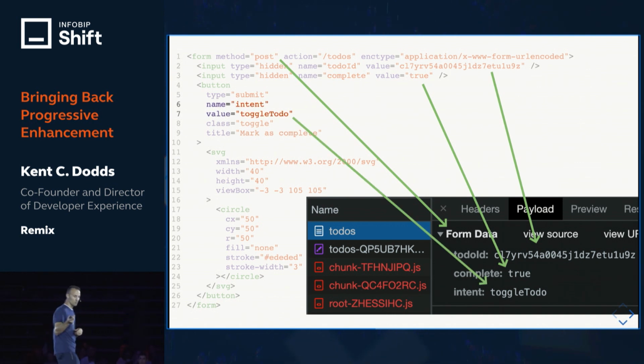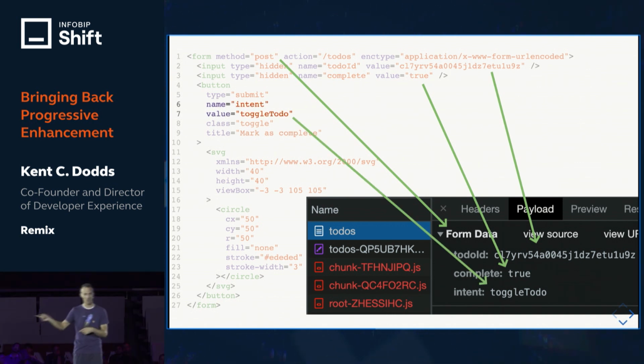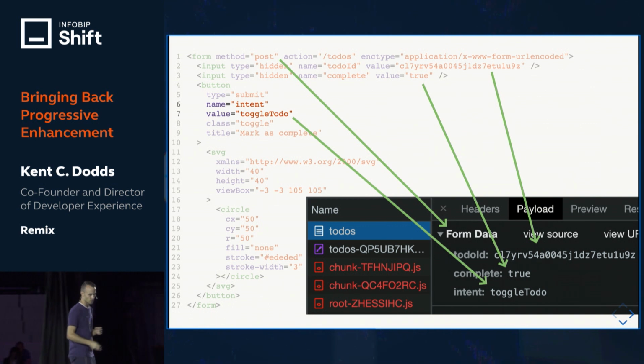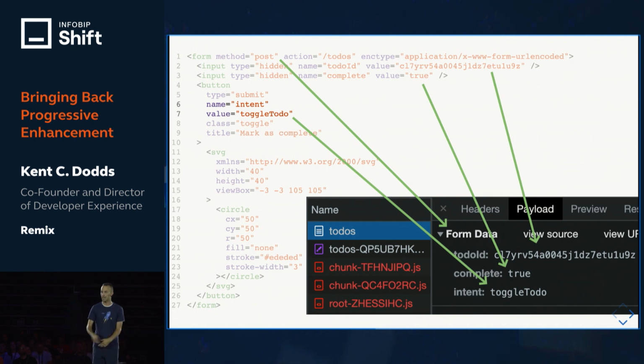And then finally, fun fact, on the submit button, you can give that a name and a value. And you could have multiple submit buttons for a single form. And whichever button the user clicks on, that's what is going to be sent along with the serialized form. That's all browser behavior. No JavaScript going on in the client, all just the way that the browser works, which I think is pretty rad.